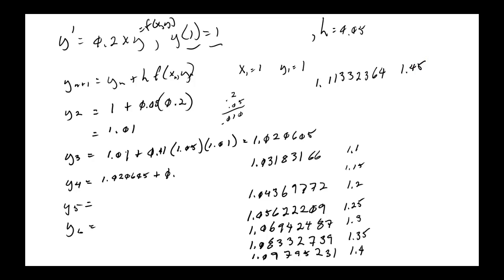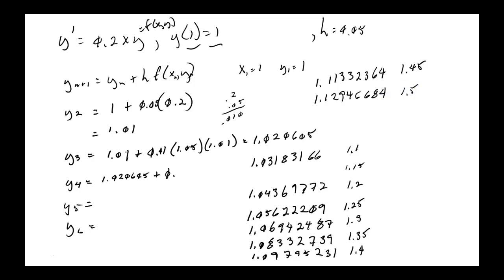Okay, so we'll take that number and add to that 0.01 times 1.45 times 1.11332364, and equal 1.1294664 at 1.5.